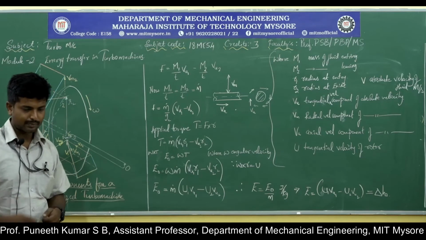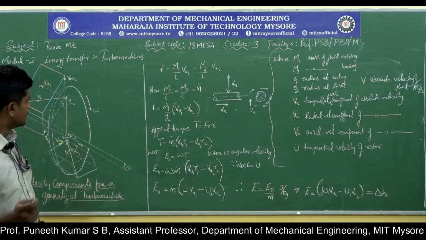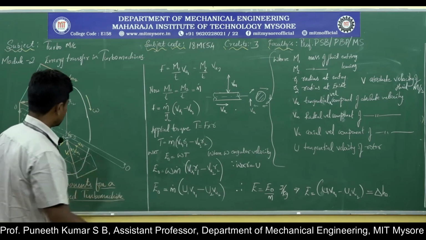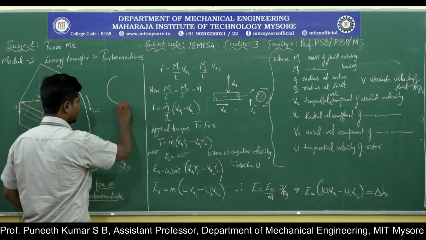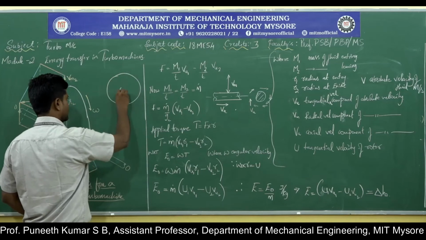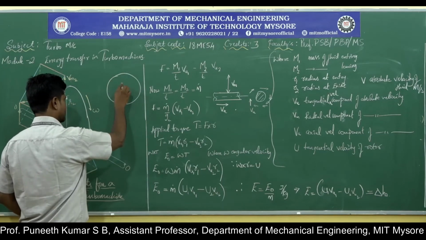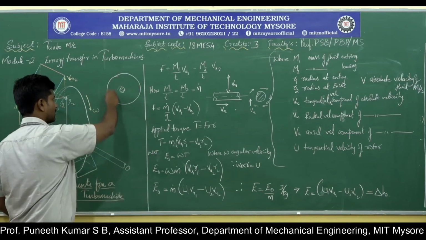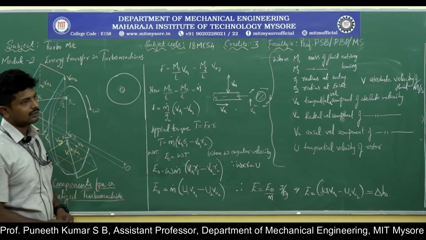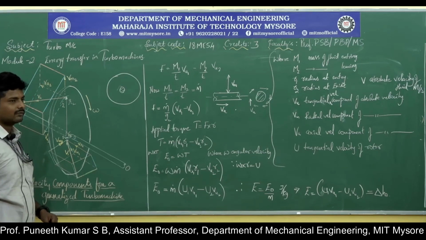A turbine is nothing but a power producing machine. To understand its working principle, let me say this is the turbine, this is the shaft of the turbine, and this is the rotor of the turbine. The rotor is mounted on the shaft.